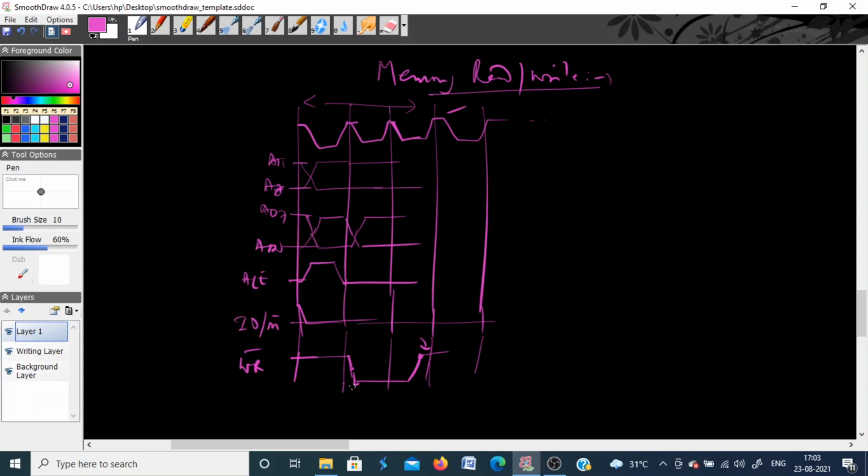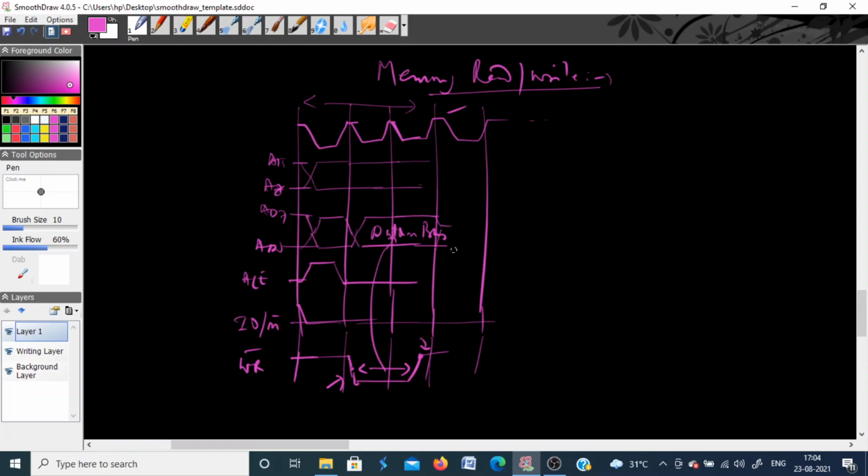Initially, in the memory read operation, the data from the memory was going on the data bus, and then from the data bus it went inside the processor. In a memory write operation, there is already data on the data bus, which the processor has placed there. Once the write signal gets activated, the data goes from the data bus to the memory.